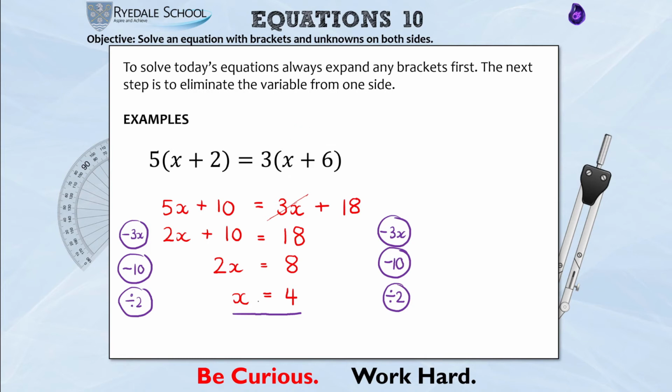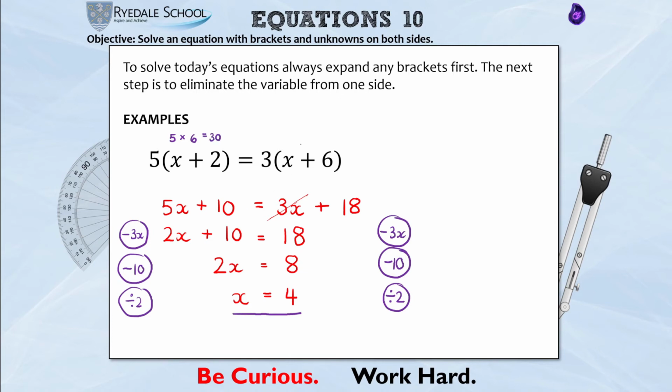Now, just as before, I can check my answer by doing a substitution. If x is 4, this bracket is 4 plus 2, which is 6. And a number in front of a bracket means multiply. So this side of my equation is 5 times 6, and 5 times 6 is 30.